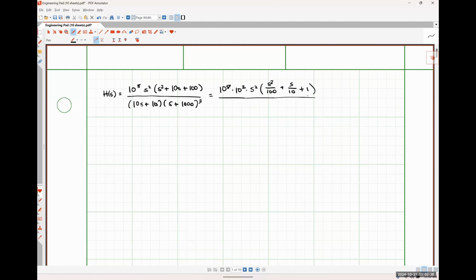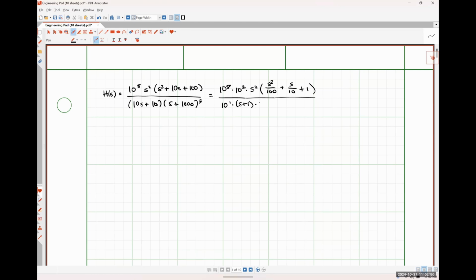I'm going to pull a factor of 10 out of the 10s plus 10 term. So that's going to look like 10 to the 1 times s plus 1. And then I'm going to pull a factor of 1,000 out from the s plus 1,000 term. So that's going to look like 10 to the 3, but I've got to cube it.